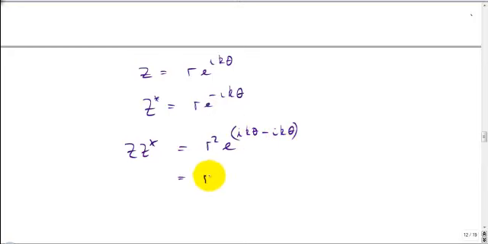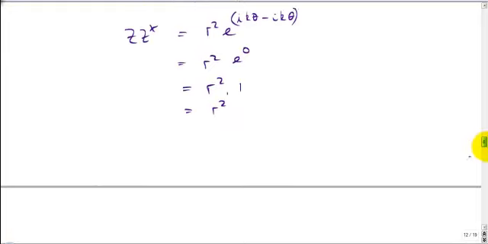And of course that's going to be e to the 0, because it's the same thing, and e to the 0 is 1, so it's equal to r squared. Let's make it quite obvious.